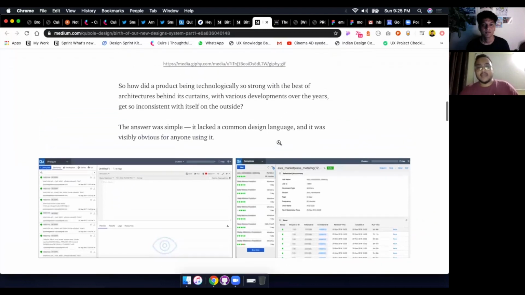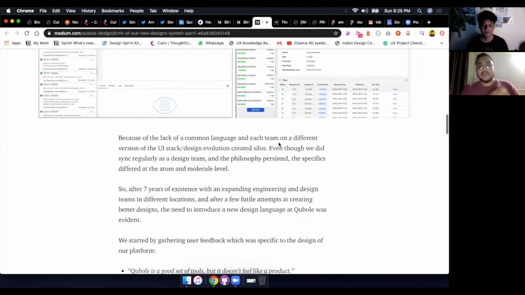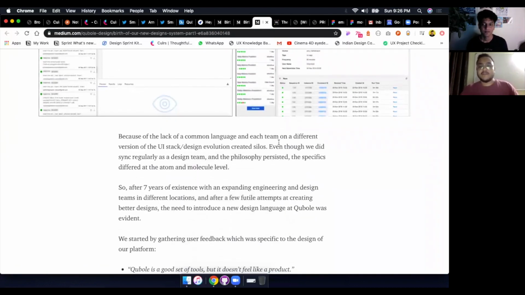There were so many teams divided, working on individual products. As designers, we wanted consistency, so we thought to level it up and think of it as a UI stack, where we control how the behavior functions, how a designer should look at it, how a developer should look at it, and create a common language around it.